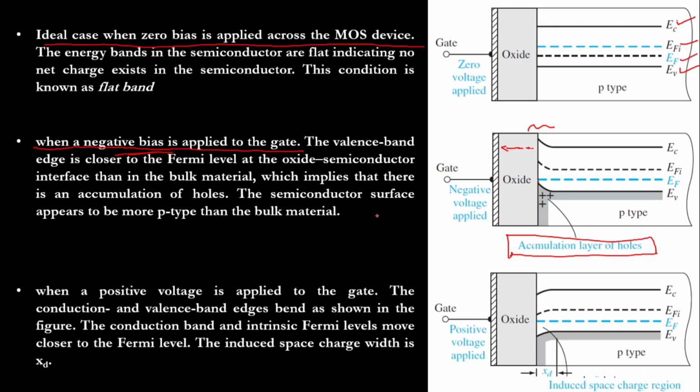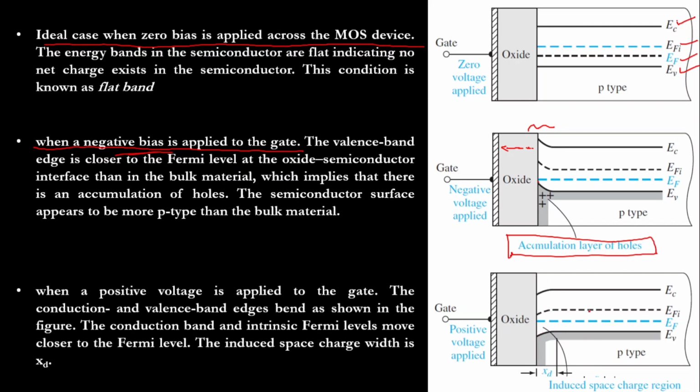And what will happen when we apply a positive voltage? The reverse of this will happen, definitely. So there will be an induced space charge region, as we explained before. The bending will be downward. The holes which were accumulated here are going to be pushed away from this junction. So definitely the energy of holes is going to be reduced at this junction, so it will bend down.